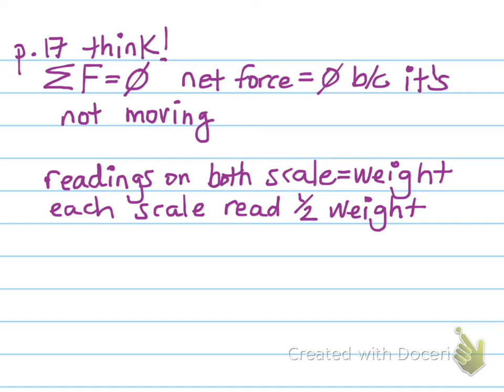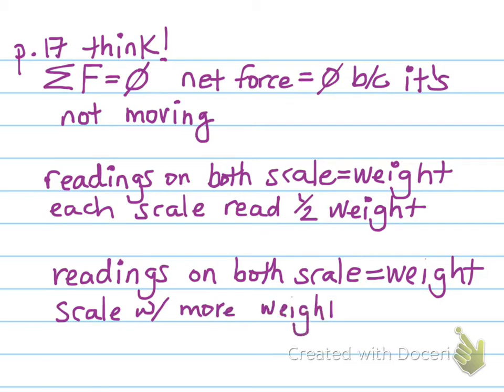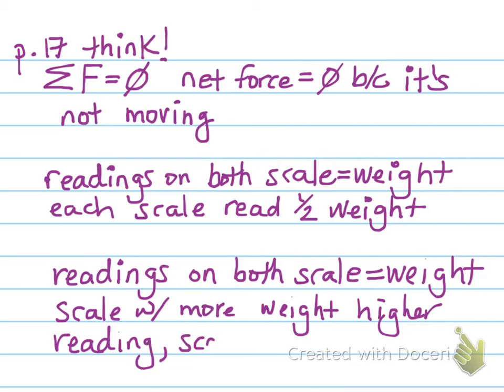What happens when you stand with more of your weight on one foot than the other? Again, still the total of the readings on both scales, when I add them together, are going to be equal to my weight. But if I have more weight on one leg than the other, then the scale with more weight will have a higher reading, and the scale with less will have a lower reading.